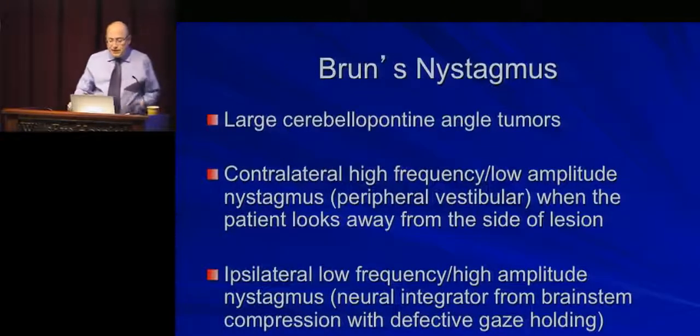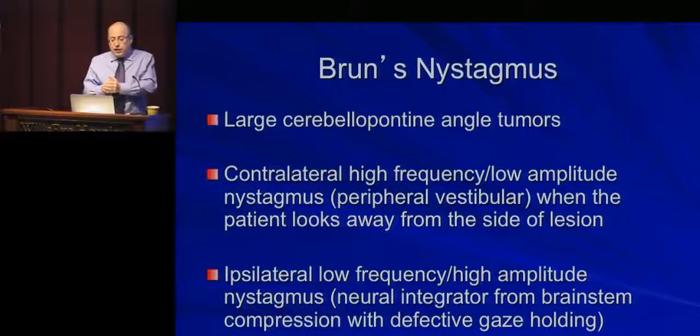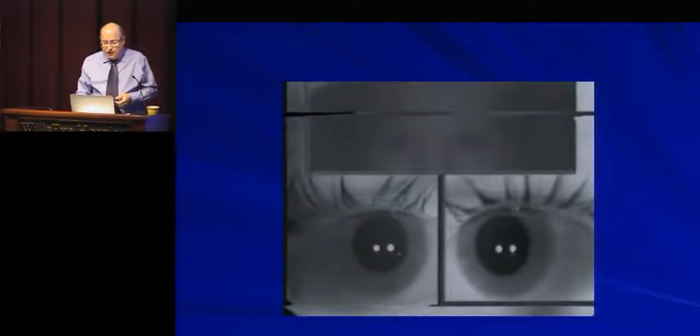But the features in each direction are going to be different because they're different etiologies. He's going to have what's called Bruns nystagmus, which is seen in large CPA tumors. There's a contralateral high-frequency, low amplitude nystagmus, that's vestibular, when looking away from the lesion, and an ipsilateral low frequency, high amplitude nystagmus because of compression of the neural integrator. The main point is it looks different in right and left gaze.